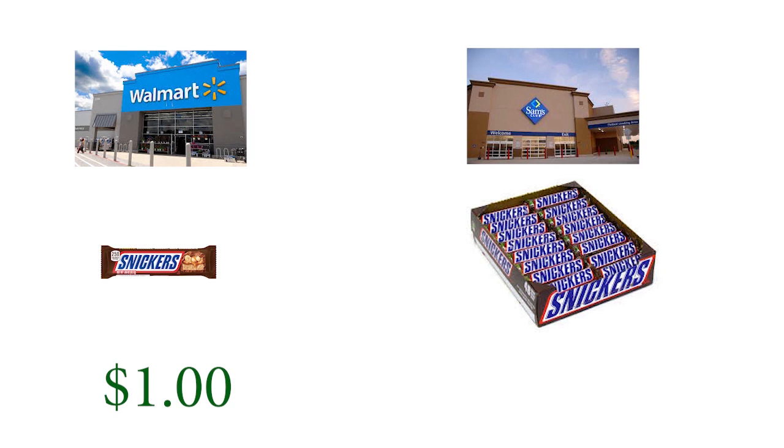But what does Sam's Club do for you if you agree to buy 40 Snickers? On a per Snicker basis, they lower the price. That shows you that the price of a Snickers is dependent on how many Snickers you're willing to buy. So when you buy 40 Snickers, they might sell that to you at 60 cents per Snicker. It's something lower than what they would sell you the one Snicker for.